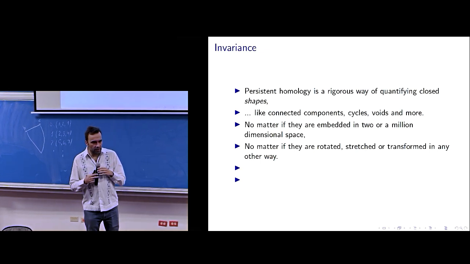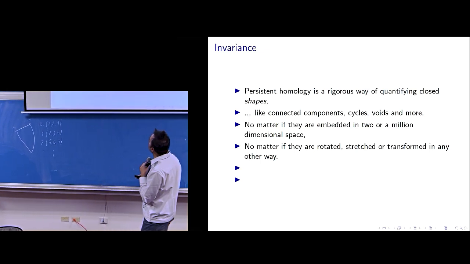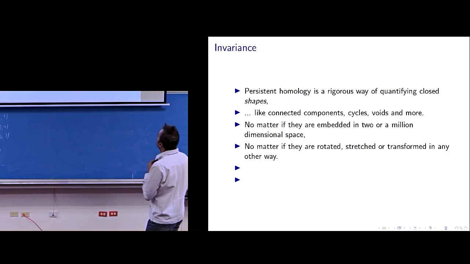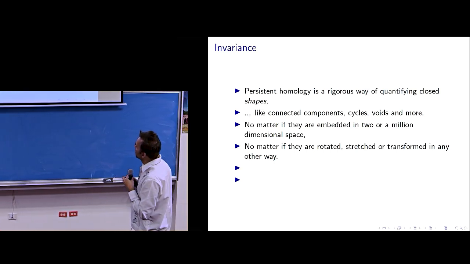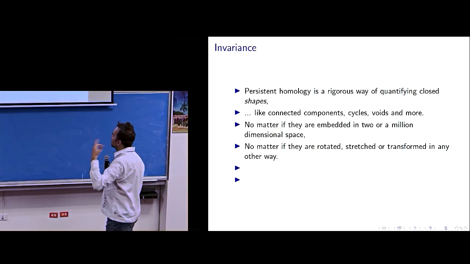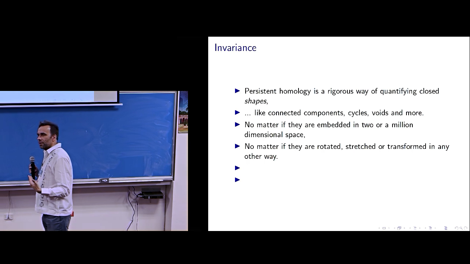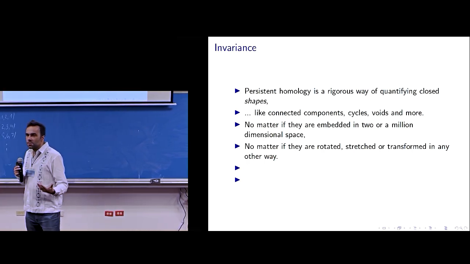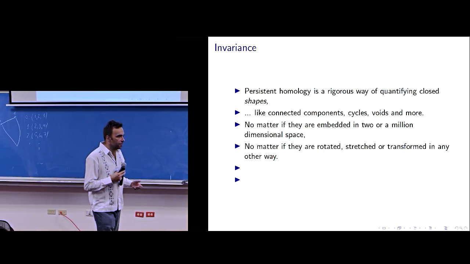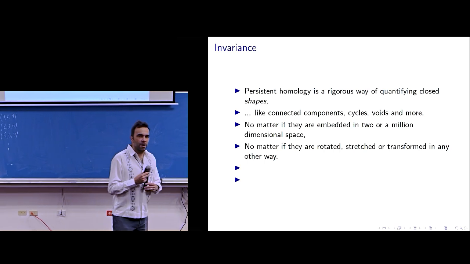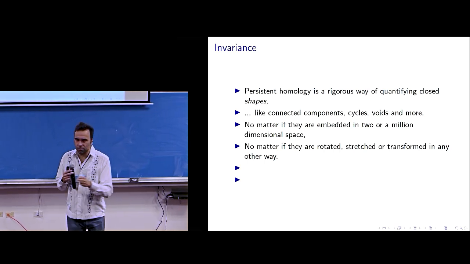That is an advantage on certain occasions. Persistent homology is based on homology, so some transformations that preserve homology don't matter to us. Often it's good, and this is where topology is not as rigid as geometry.